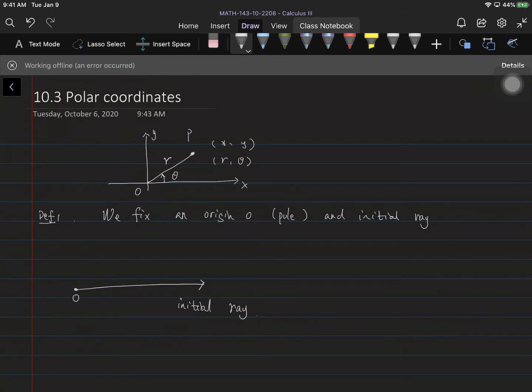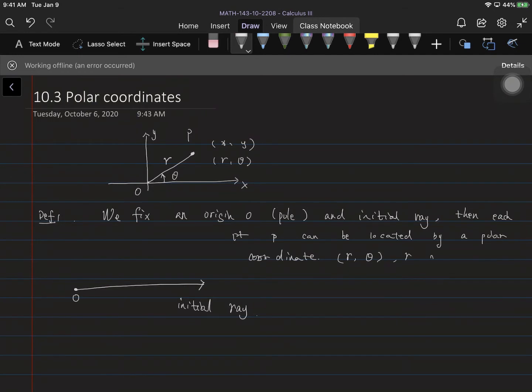Then each point P can be located by a polar coordinate. And what's the polar coordinate? It is given by r theta. Okay, this is called the polar coordinate.